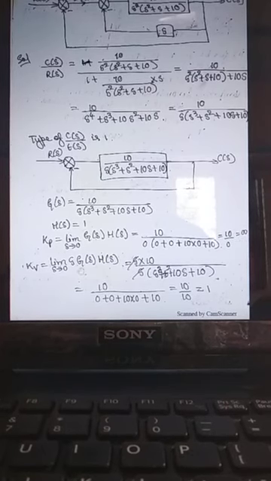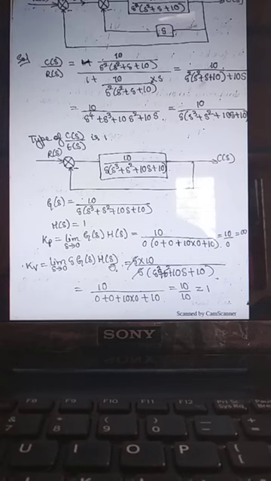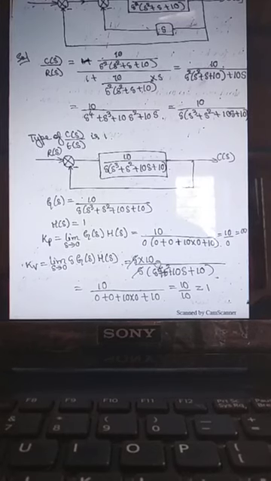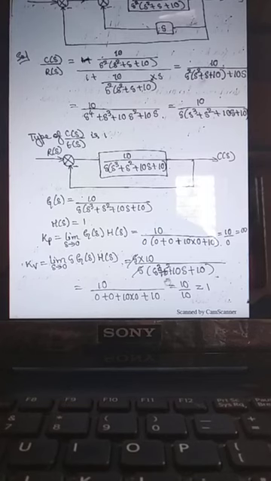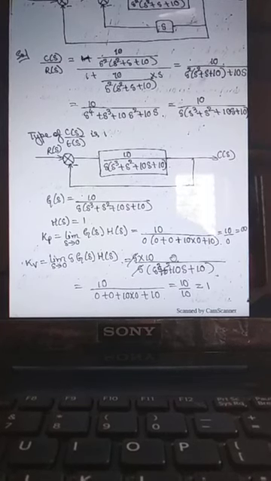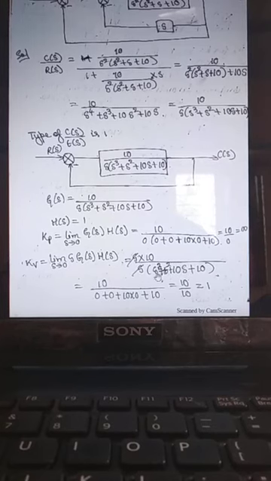Kv is equal to limit s tends to 0 of s into G(s)H(s). Here s gets cancelled, so 10 divided by (s to the power of 3 plus s square plus 10) into s plus 10. Now you substitute 0 in place of s, you will get 10 divided by 10, you will get 1.